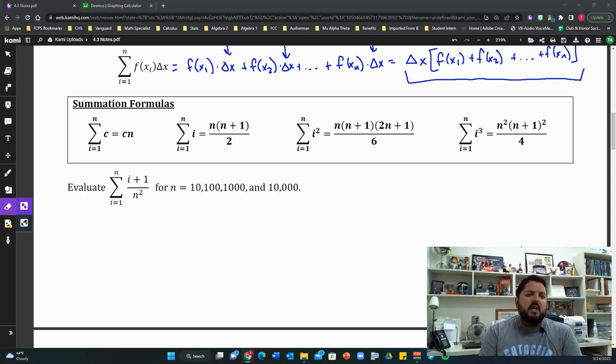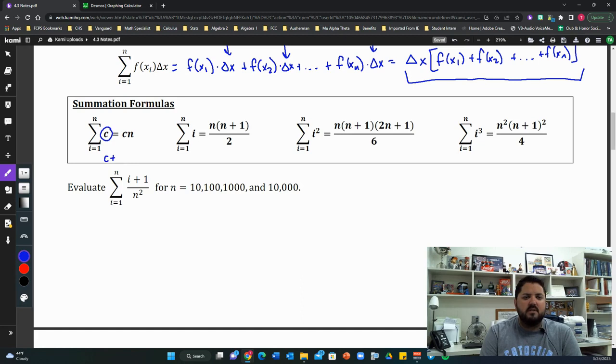For example, if the expression inside of our summation is simply a constant, then when I expand it, all we have is a bunch of those constants being added together n number of times. So n number of c's added together is just equal to that constant times however many terms we have, or n. This is a shortcut way of getting to the answer whenever that argument is simply a constant term. So again, this would be a constant pattern.